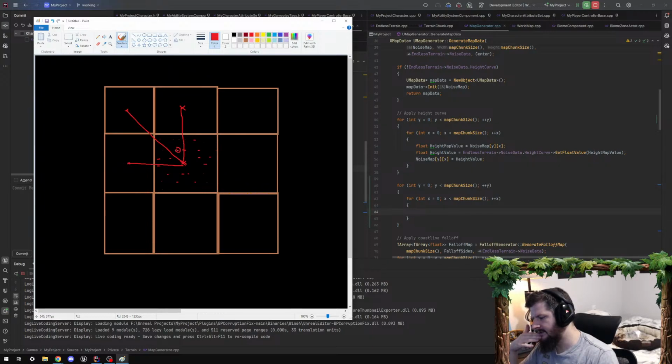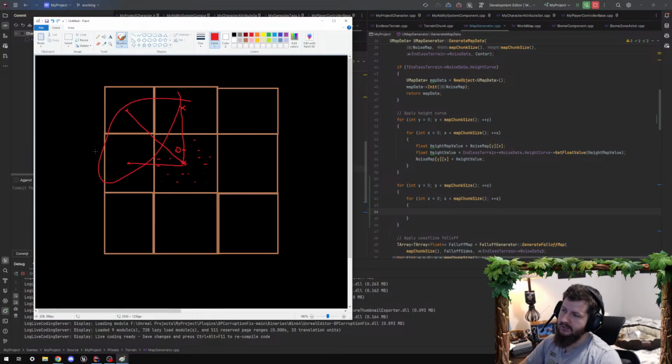If I got distance to this vertex's chunk center, because ideally the very center vert of each chunk is going to be at exactly the altitude of the chunk, and then all the other ones are going to be blended between that altitude and the next chunks' altitudes, whatever those chunks may be.